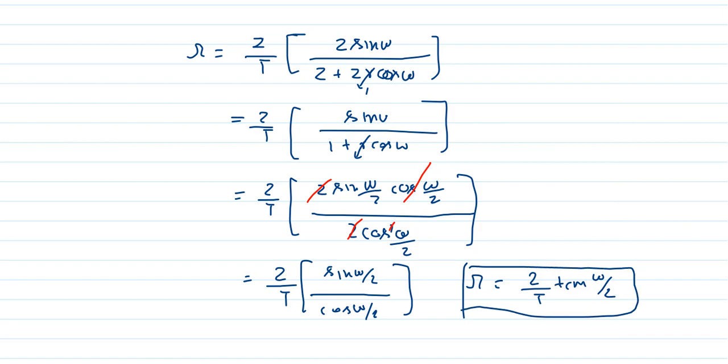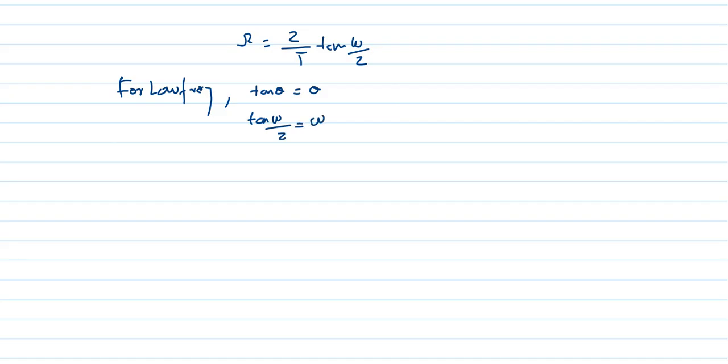Now I'll take this relationship, omega is equal to 2 by T tan omega by 2. For low frequencies, that is small values of omega, we know that tan theta is equal to theta, or tan omega by 2 is equal to omega by 2.